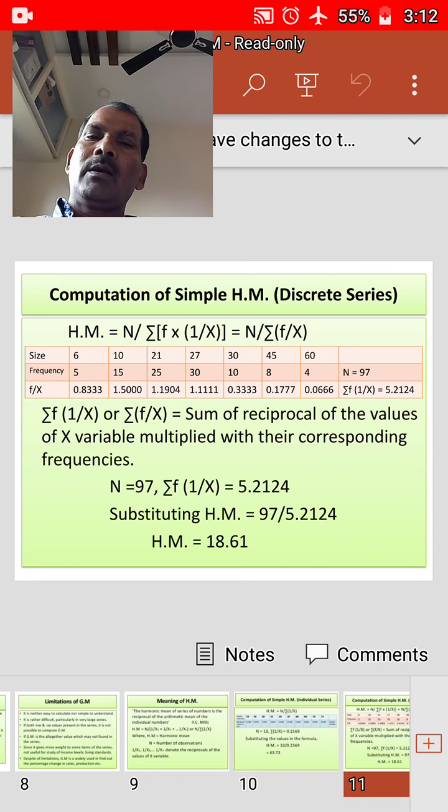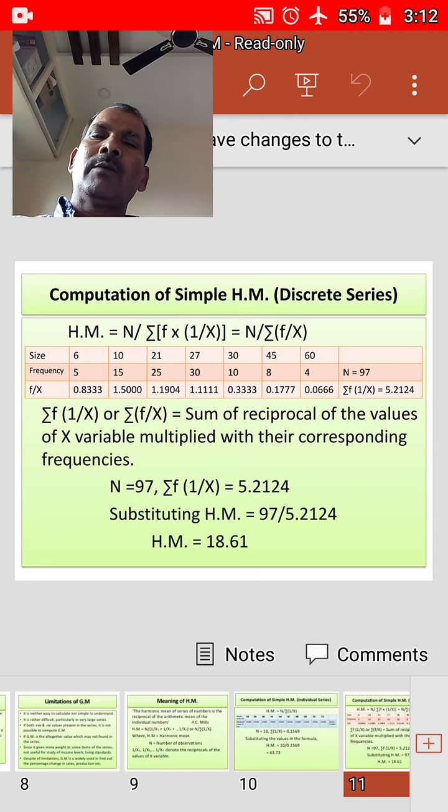Then we will go through a problem that is given. The sizes of the items are 6, 10, 21, 27, 30, 45 and 60.